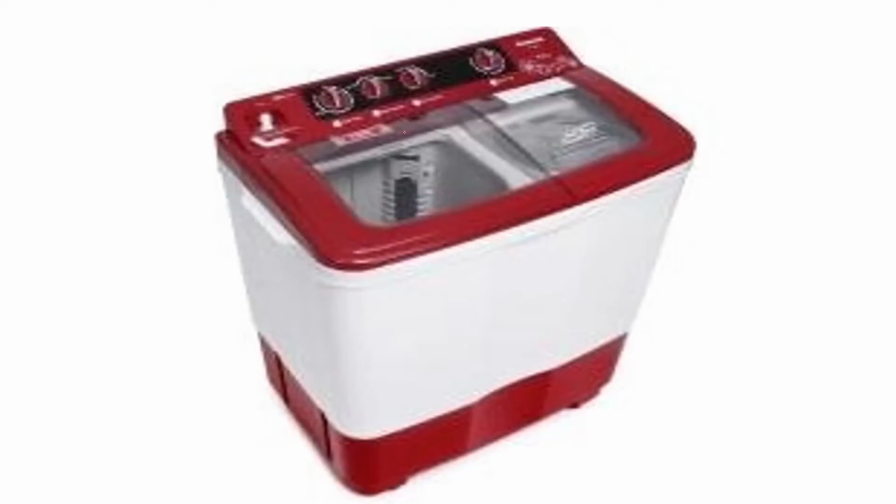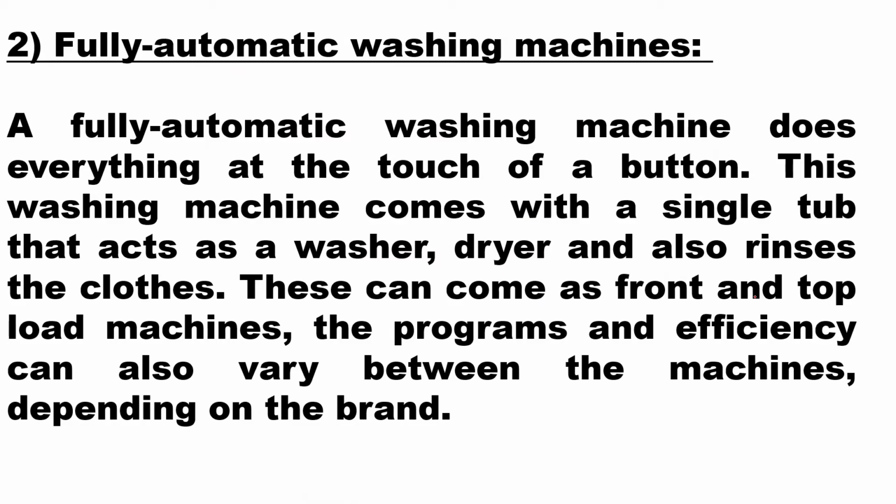So here you can see you have your washing tub, and here you have your drying tub. So once the clothes are washed here, you have to remove them and put them for drying here. So this is your semi-automatic washing machine. Clear? Then we'll go to see the next one, a fully automatic washing machine.